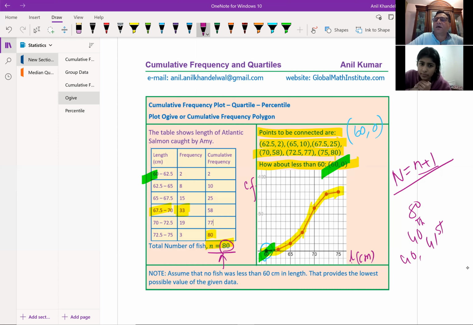It gives us better values, and on the graph, it's easier to plot. If I had changed this to 81, I could not plot any point like 72.10. It would be very difficult for me to plot. So in this particular case, taking n as 80 makes sense.